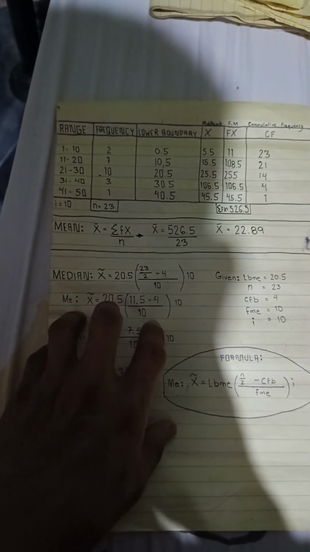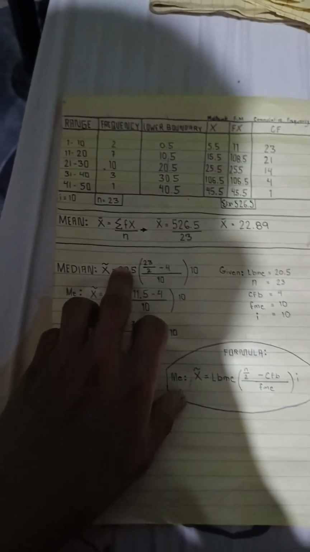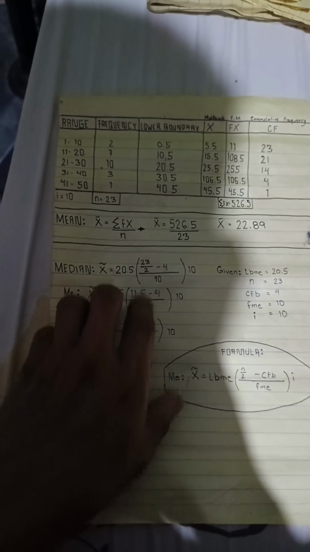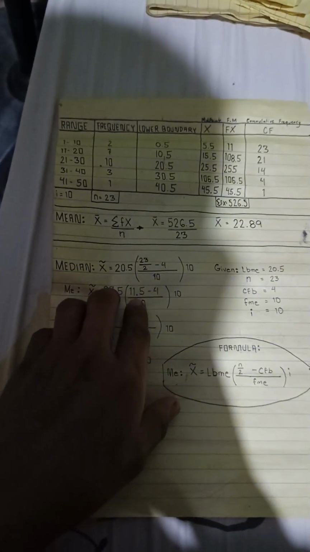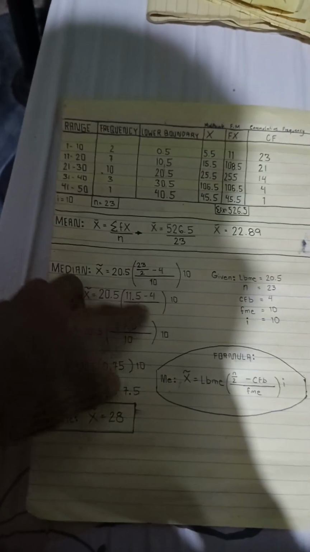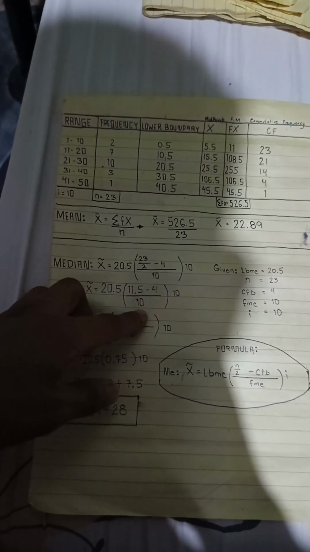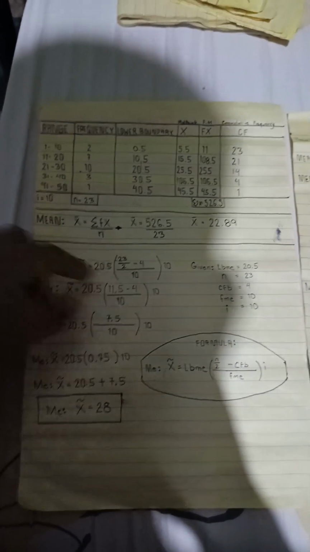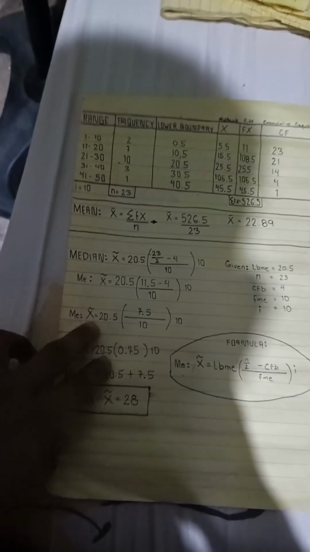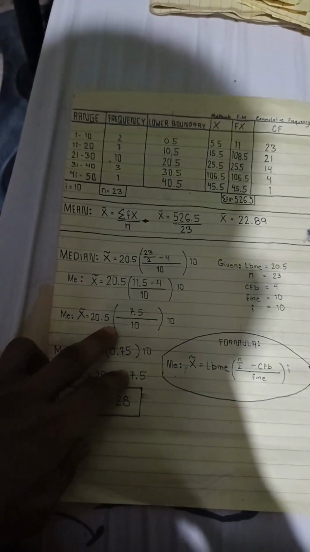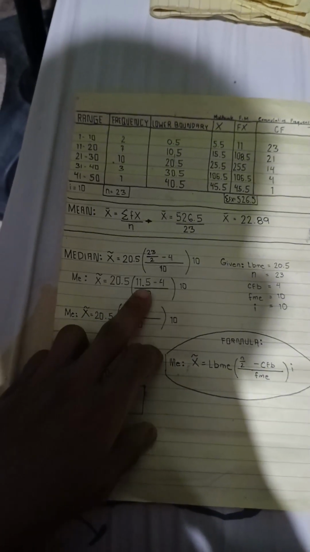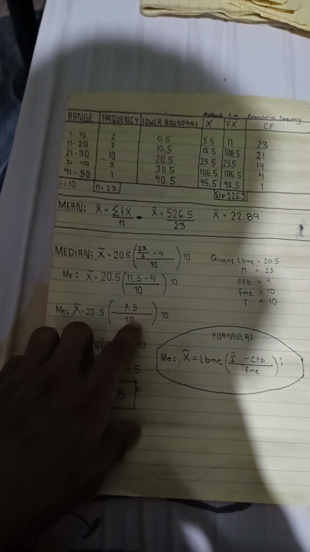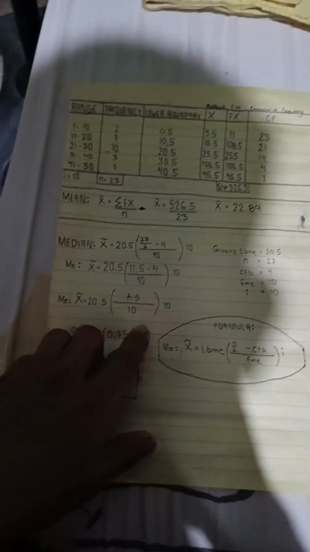Just copy the outside numbers in the formula. First, we simplify 23 divided by 2. It's 11.5 minus 4. Copy the 10, also 10 outside. Second, simplify 11.5 minus 4, which is 7.5 over 10 times 10.